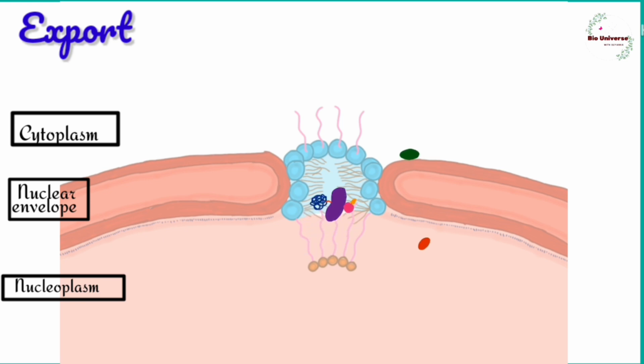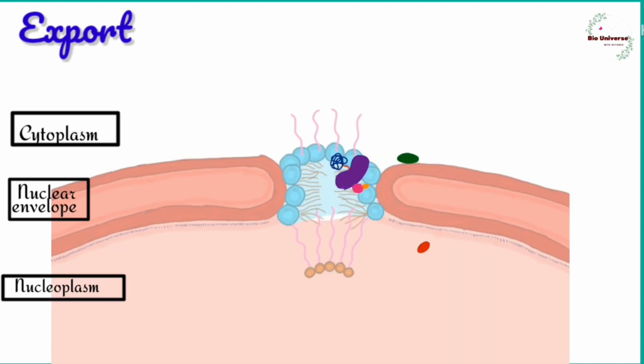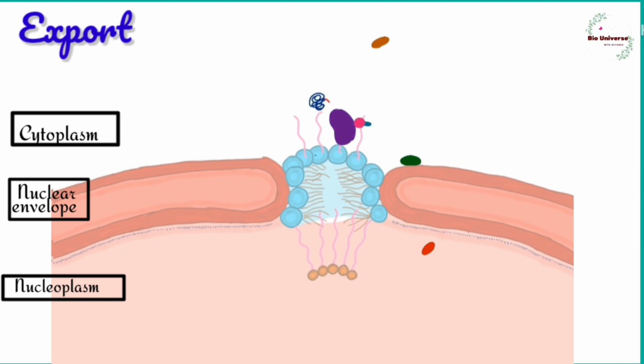The exportin, nuclear protein, and Ran and GTP complex brings the nuclear protein out of the nucleus into the cytoplasm. Ran and GAP present at the nuclear pore convert Ran and GTP into Ran and GDP by hydrolysis, which dissociates exportin from the nuclear protein, and the nuclear protein is free in the cytoplasm.